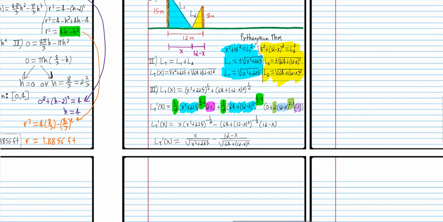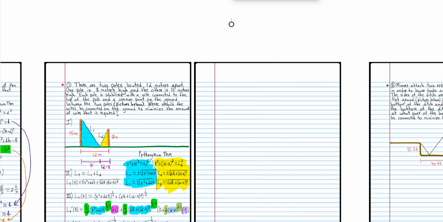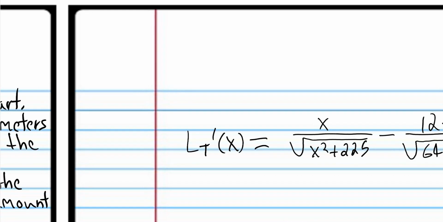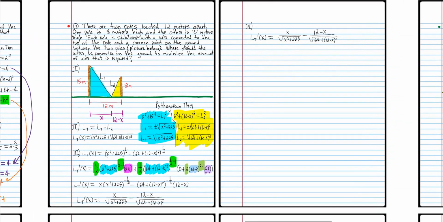Okay, so now we need to go to step number 4 and find the critical numbers. Now this is where the algebra tends to get really out of hand on this problem. Look over this and make sure that you understand everything that we've done so far.